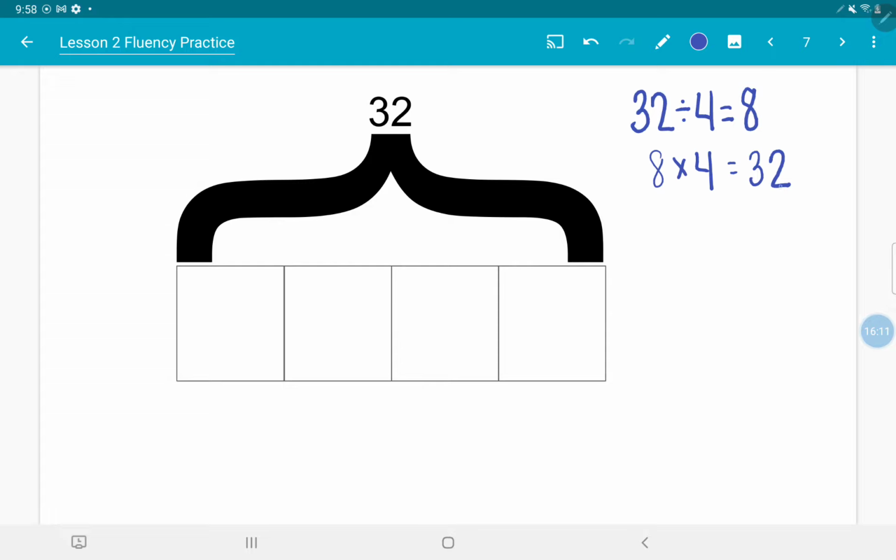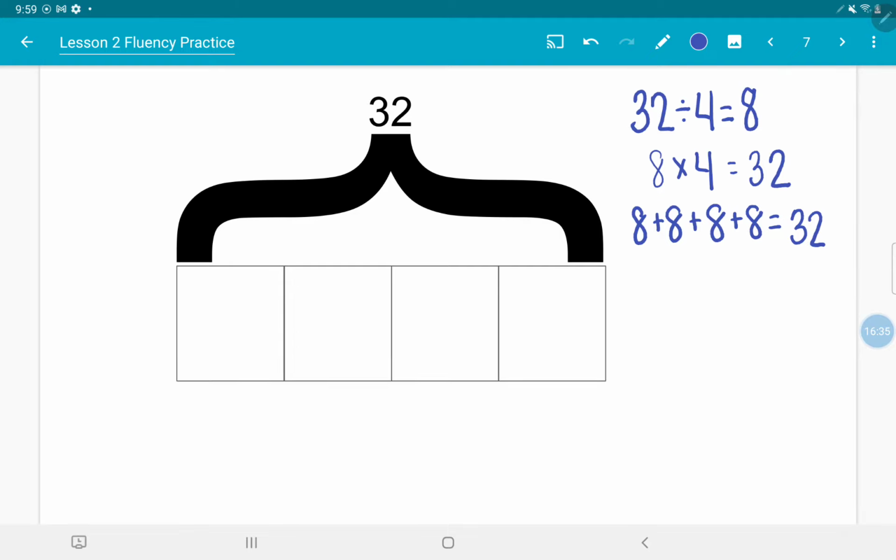And how about repeated addition, Ansley? 8 plus 8 plus 8 plus 8. Very good. Equals 32. So why do you think that we just spent that time looking at a tape diagram and the whole broken into parts?